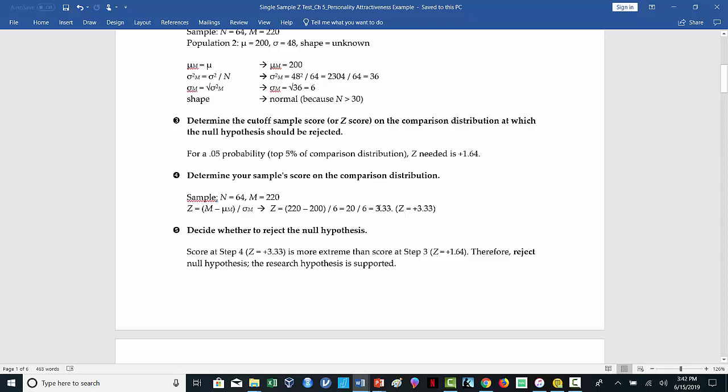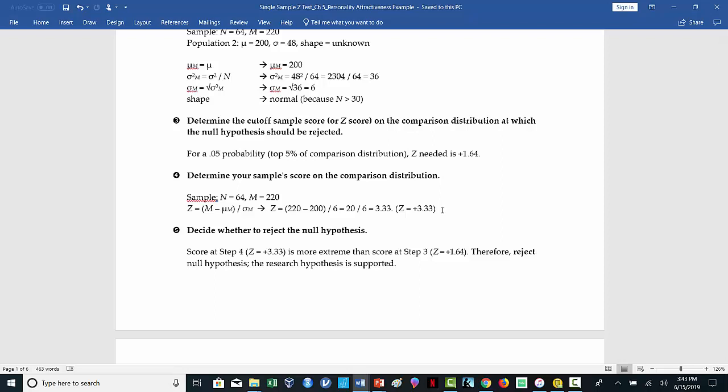So 20 divided by 6, and we get an observed z value for that mean of 3.33. What that means is that on that distribution of means, a mean of 220 is 3 1/3, 3.33 standard deviations above the mean for that distribution of means.